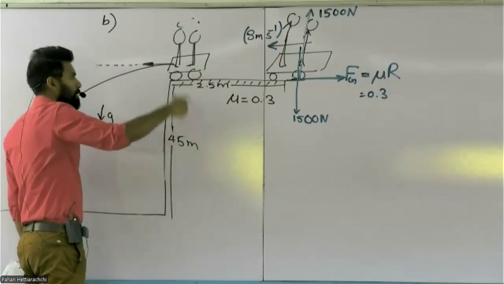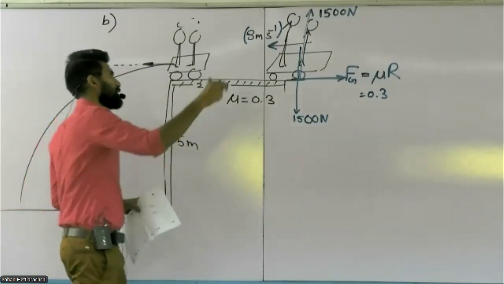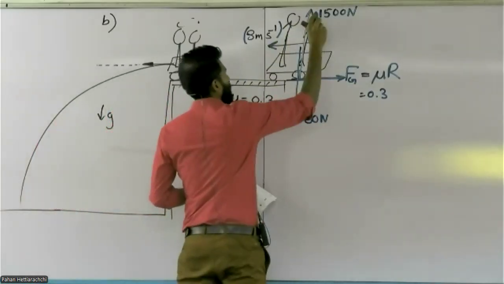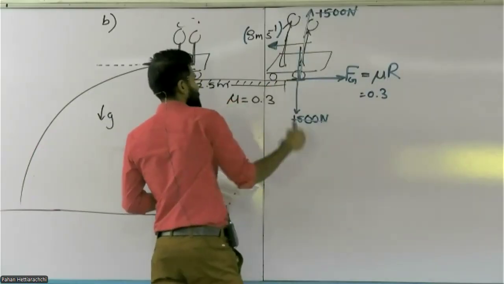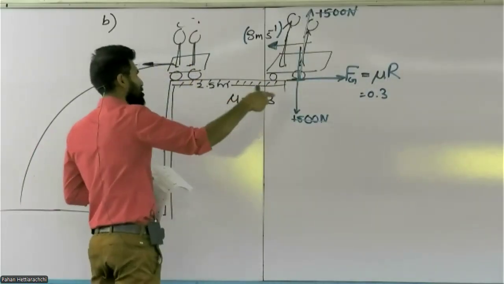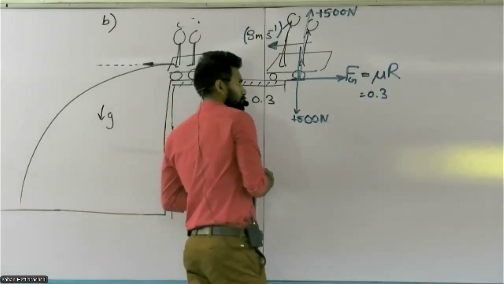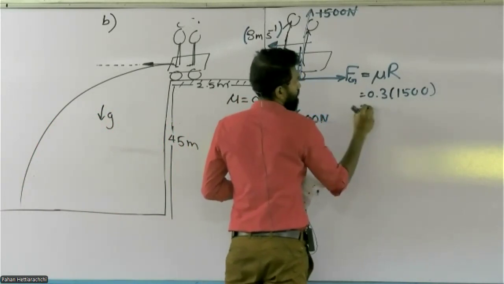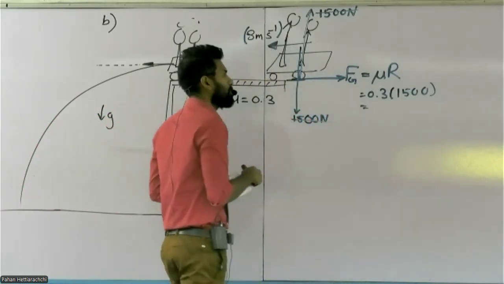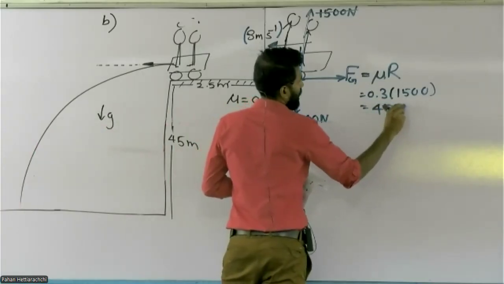Vertically downward, their combined weight is 1500, so R is also 1500 to cancel out. Why? Because they are in horizontal motion, the vertical forces should cancel out. Friction is equal to mu R, 0.3 into 1500, which is 150 into 3. The frictional force is 450 newtons.